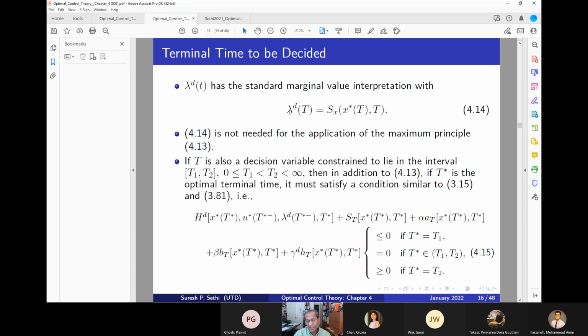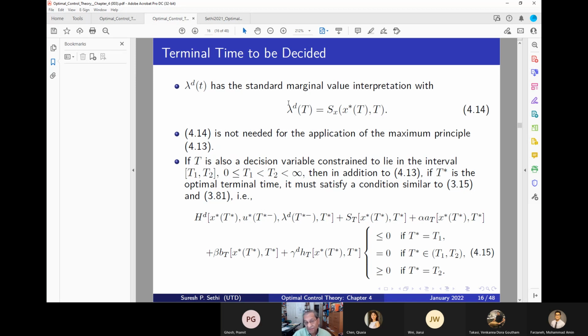Because remember, lambda is the marginal value of the state. The marginal value of the state at capital T can only be this because there is no more problem. The problem finishes at T. So the only thing that is remaining is the salvage value of x. And the derivative of the salvage value of x is exactly the marginal value of x at that capital T. So lambda at T is basically done.